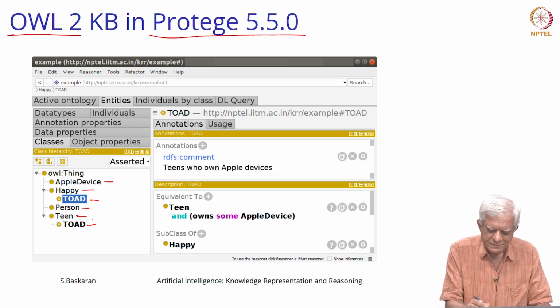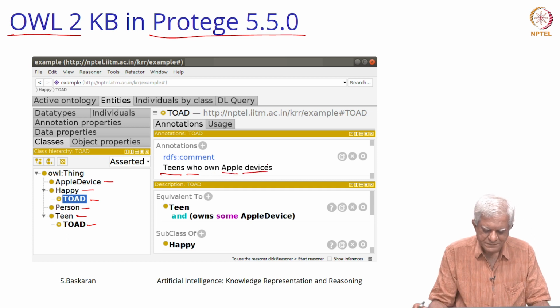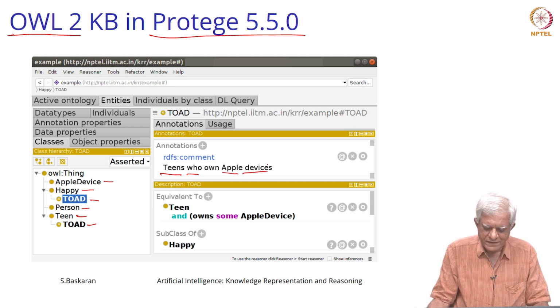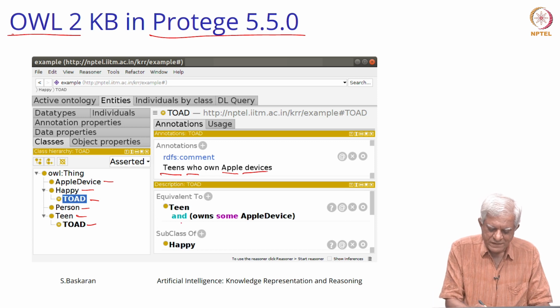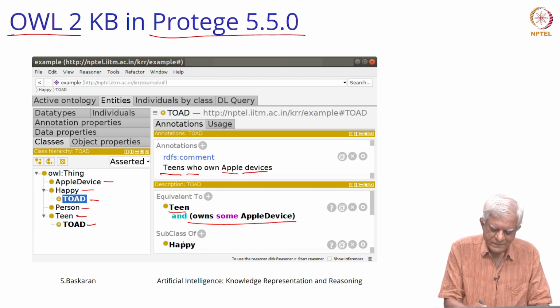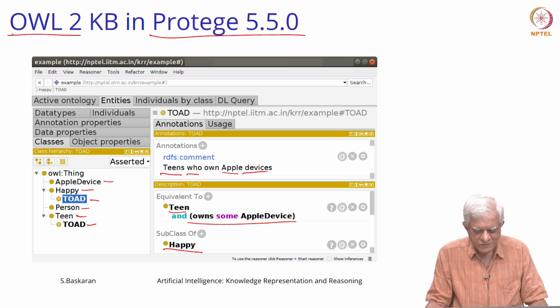TOAD stands for teens who own Apple devices. And what we are saying here is that if someone is a teen and owns an Apple device, then they are a subclass of the class of happy individuals.